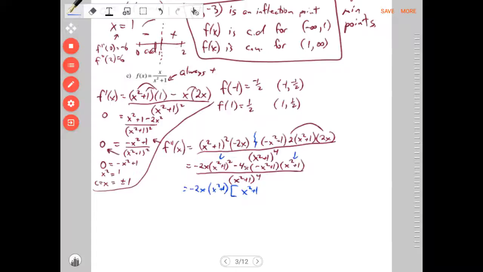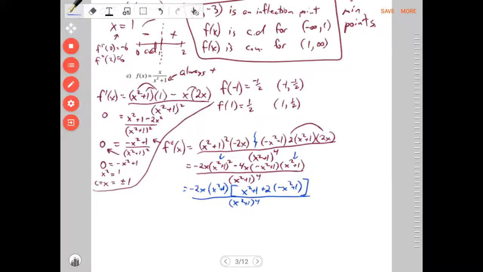Now we have the minus 4x. We factored out a negative 2x, so what's left is a plus 2. Okay, we took the x out. We still have this negative x squared plus 1. That's still there, but we factored out the x squared plus 1. That's all gone, so that's this part. And still dividing by x squared plus 1 to the 4th.